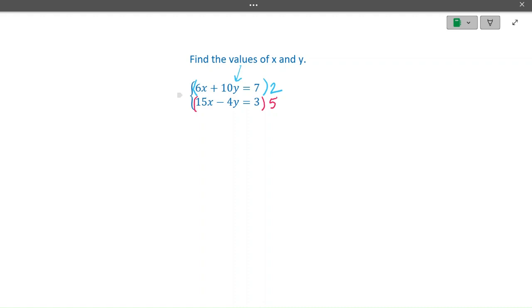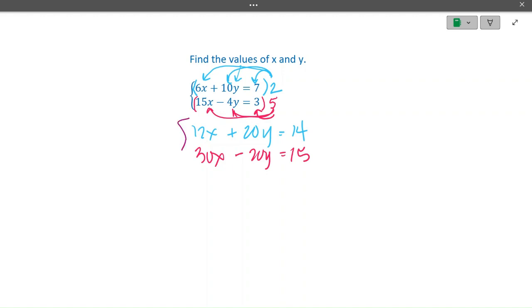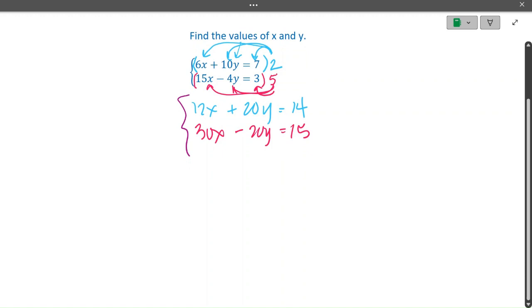Okay, I'm going to go ahead and distribute my 2 to every term. So I have 12x plus 20y equals 14. For this one I have 3x minus 20y equals 15. Okay, great. So now all we're going to do is combine these, essentially just combining like terms.